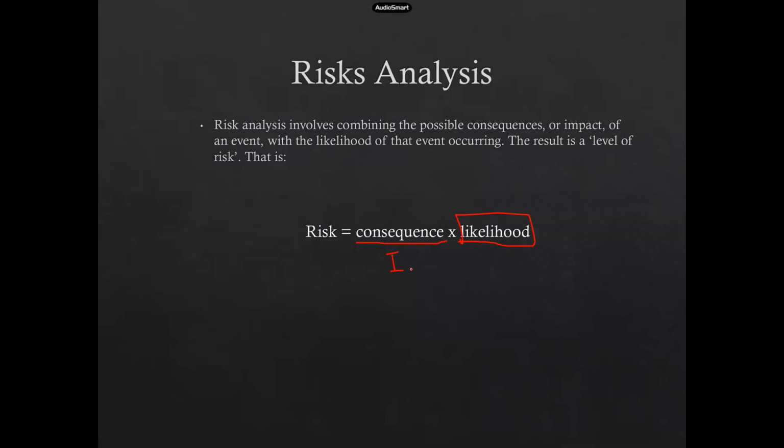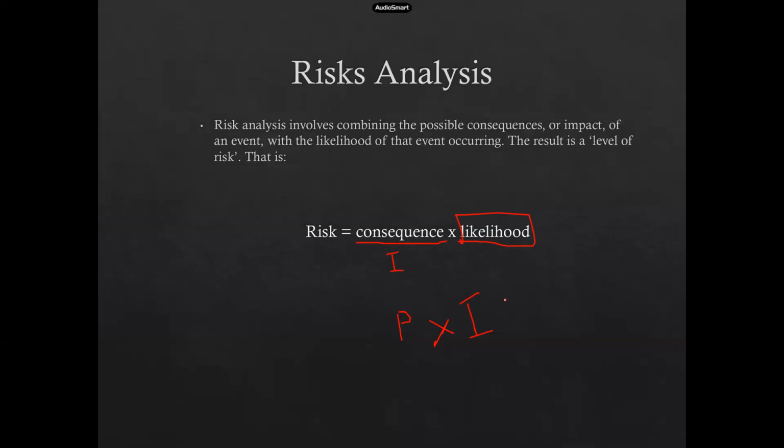So what we are going to do is make a P&I matrix, which is probability cross I, for impact, right? And we're going to see how this probability and the impact can categorize the potential risks that we have. With this P&I matrix, we can categorize between the high risks, the medium risks, and the low level risks.